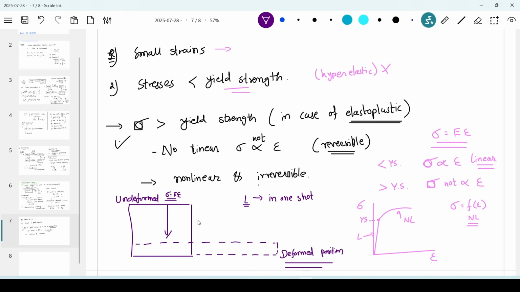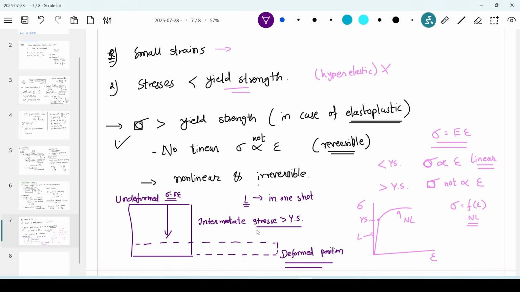What is happening in between, in the intermediate? There might be something happening, right? For example, we said area change, length change. Similarly in the nonlinear material case, something is happening in the intermediate. For example, the stresses are more than yield strength.